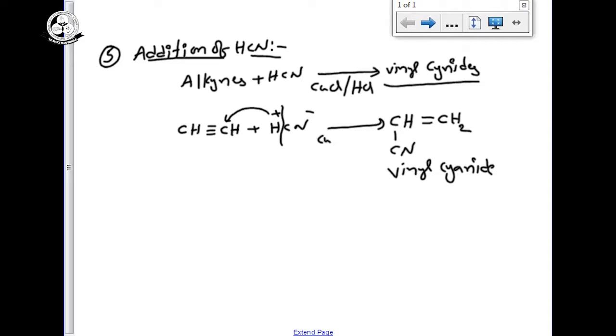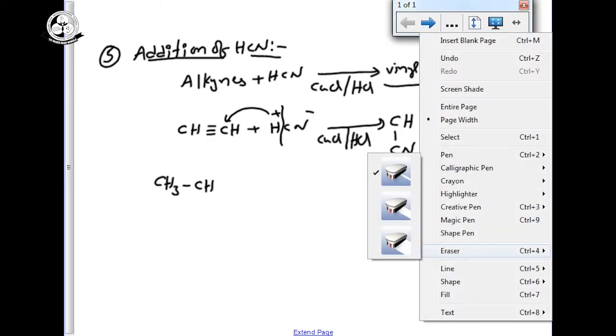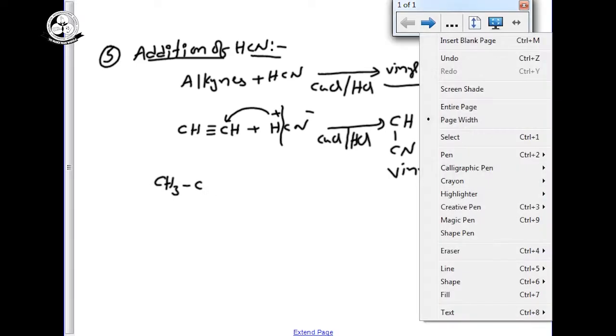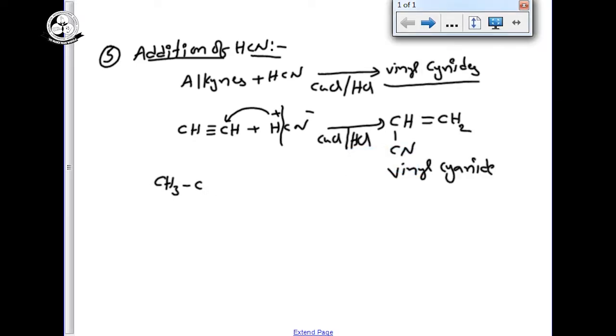In terms of CuCl or HCl. So for higher alkynes, unsymmetrical alkynes, I am taking CH3 C triple bond CH, add HCN.